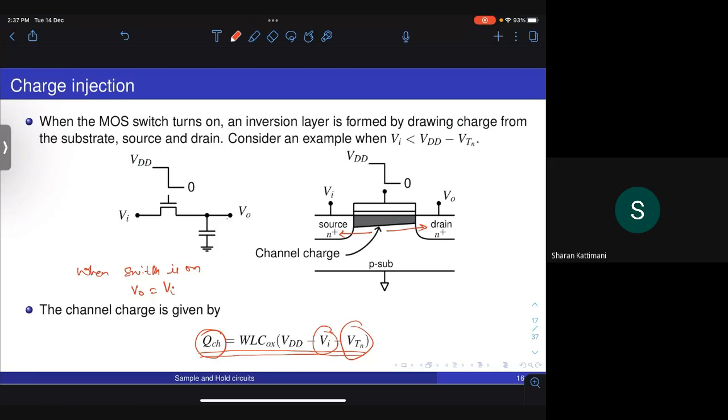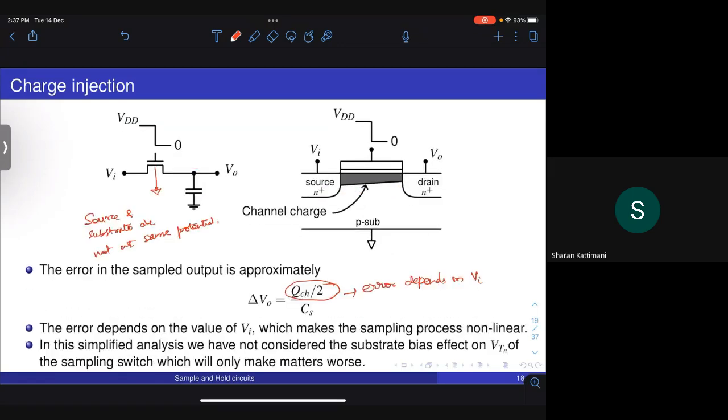So because of this very nonlinear behavior, this charge injection introduces a nonlinear error onto the output sampled value, which is something one should be concerned about and see how to compensate for.